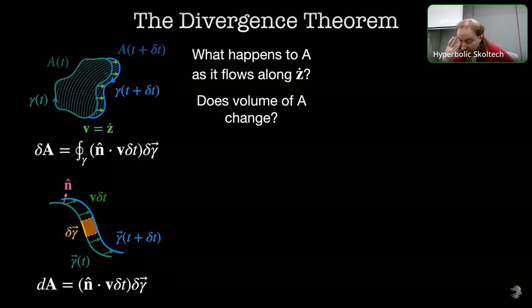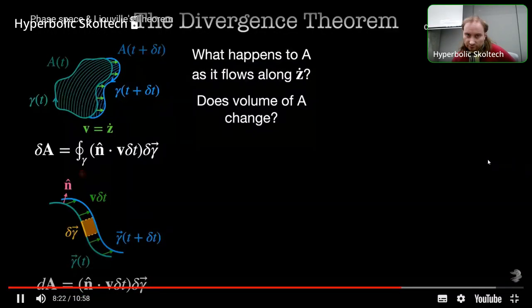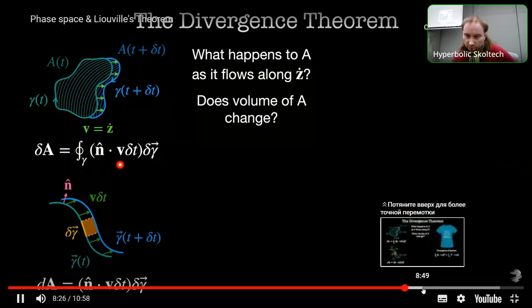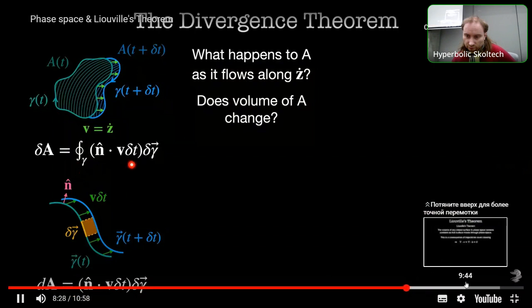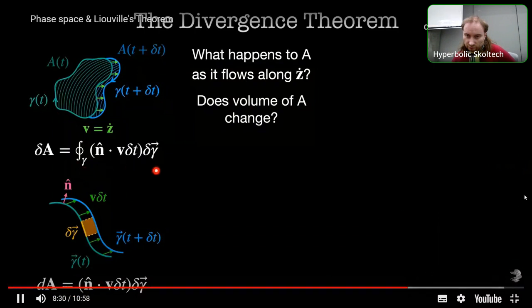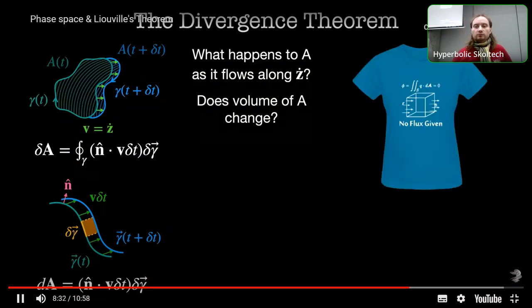Now, if we want to look at the change in area of the whole patch, we need to integrate this over the entire boundary gamma. So the change in area is the integral along gamma of the surface normal dotted into the velocity field times delta t. We can calculate this line integral using the divergence theorem.